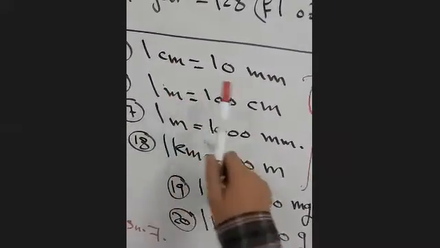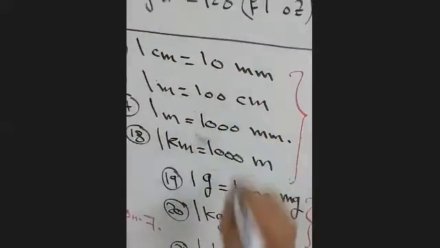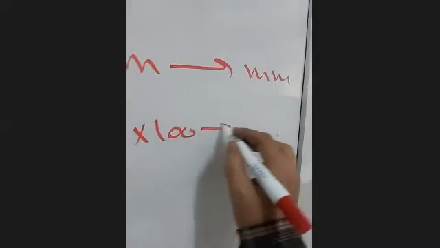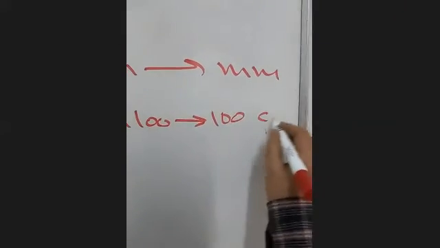So we turn the meter to centi, then centi to millimeter. 1 meter multiply 100, it will be 100 centimeter.